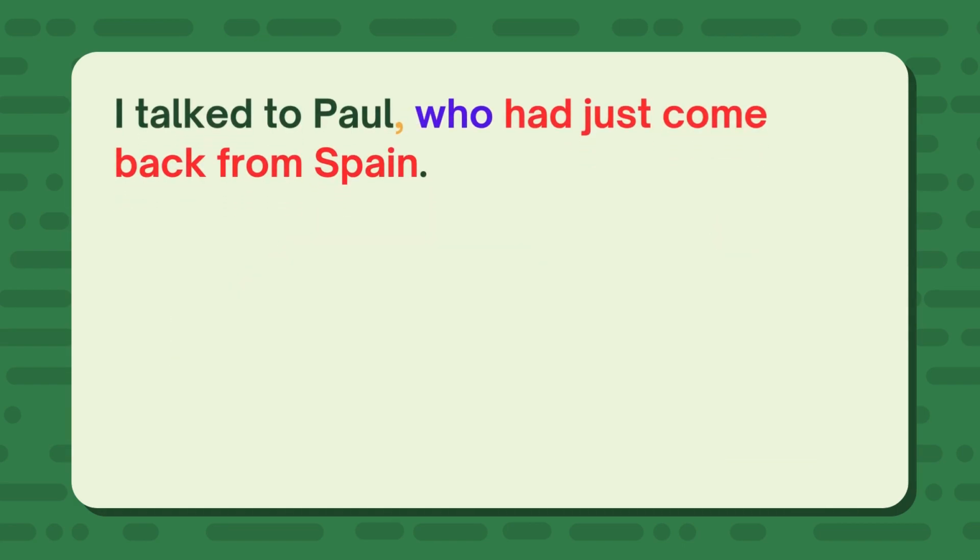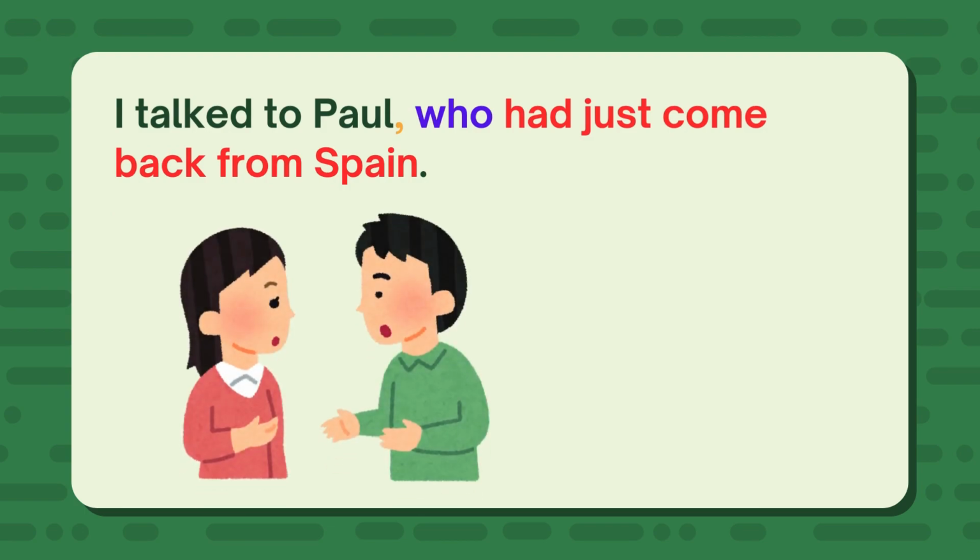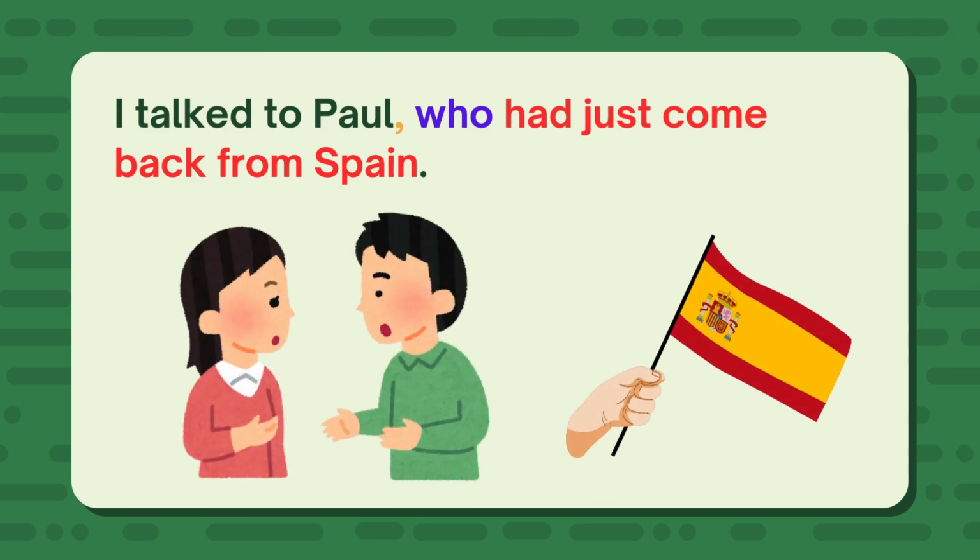Here's another example. I talked to Paul, who had just come back from Spain. The non-restrictive relative clause is at the end of our main clause. I talked to Paul would be fine on its own, but we add who had just come back from Spain for some more information.